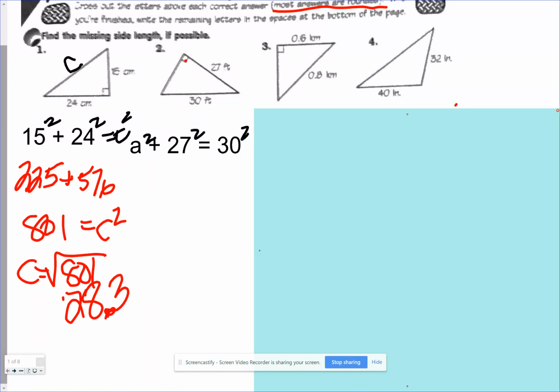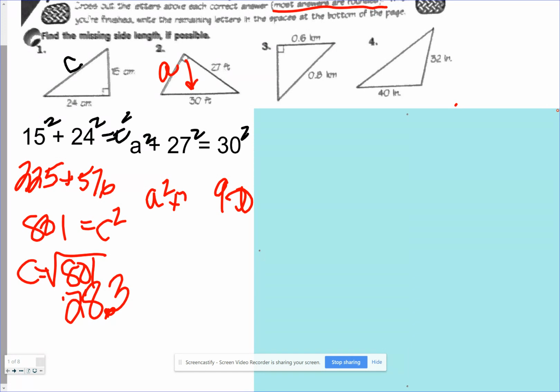This one, look at this. You get a hypotenuse. So you have this side, let's call it a. That leg, a squared plus 27 squared, has to equal 30 squared. This one, you end up needing to subtract because this ends up giving you 900 over here. With 27 squared, when you grab your calculator, you get 729.